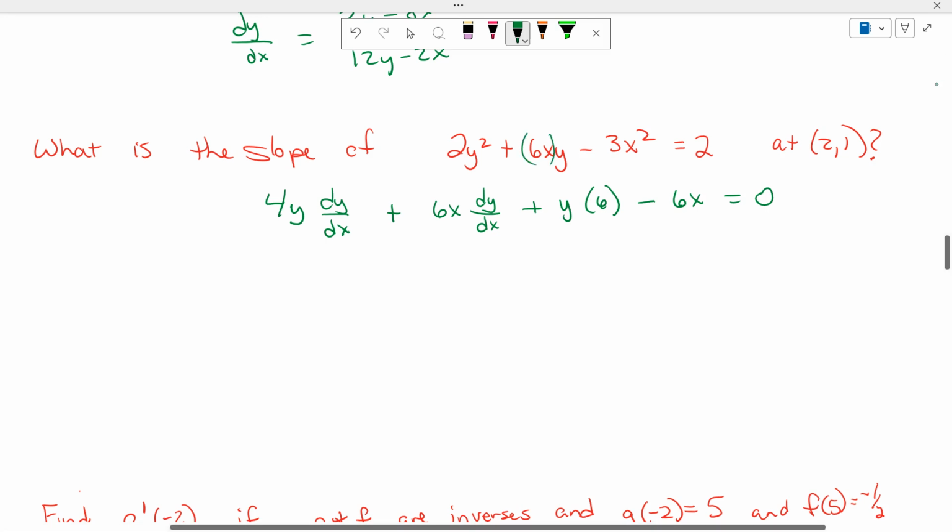Product rule. So 4y plus 6x times dy dx equals 6x minus 6y. So then divide by 4y plus 6x.